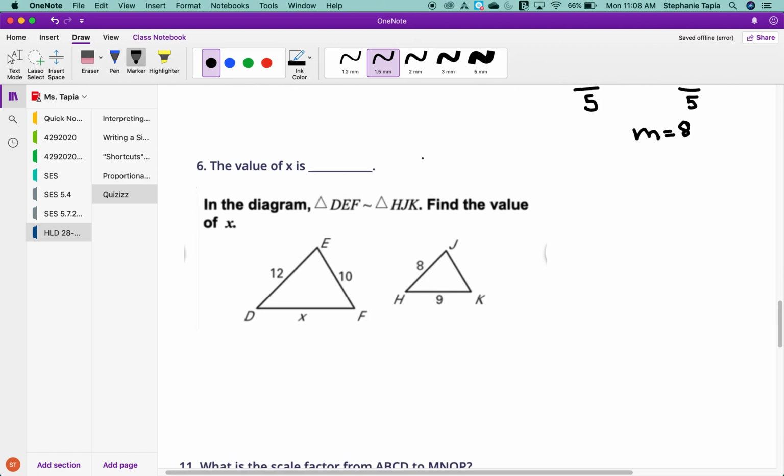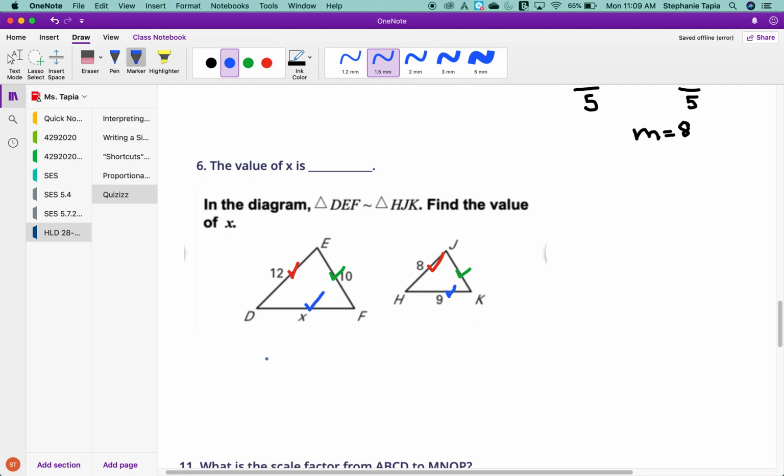The value of x is blank. So again, similarity statement. This is telling me that DE corresponds to HJ. This is telling me that EF corresponds to JK. This is telling me that DF corresponds to HK.